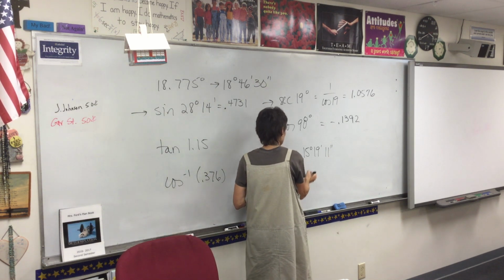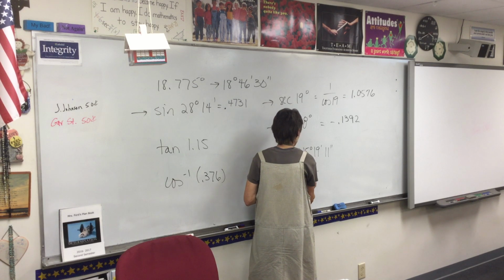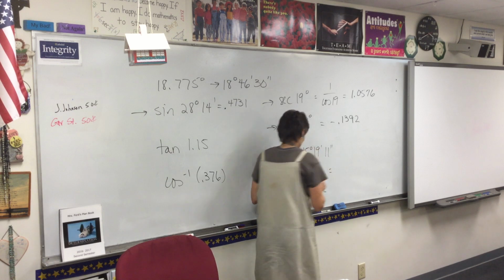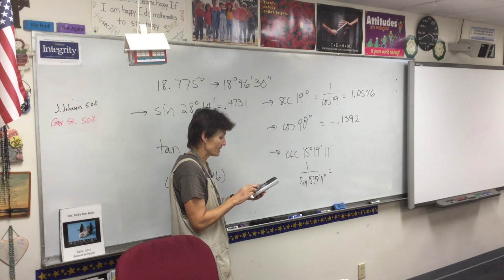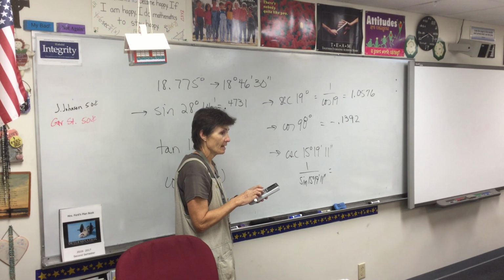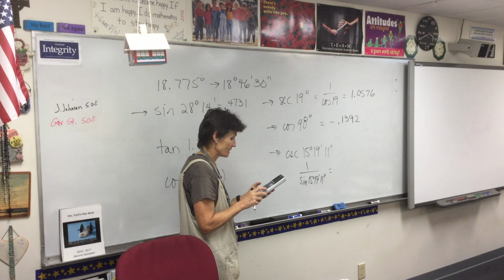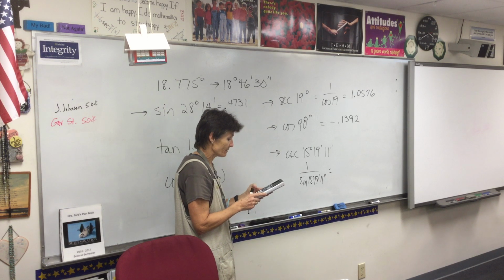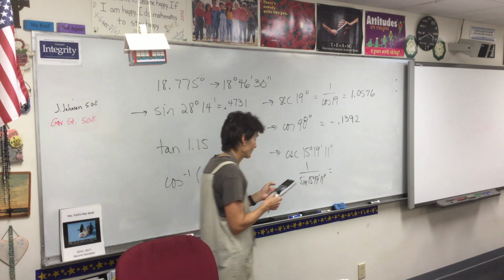How do we do cosecant? 1 divided by sine. So we'll do 1 divided by sine, and then 15 second angle degrees, 19 second angle minutes, and 11 alpha plus, enter.